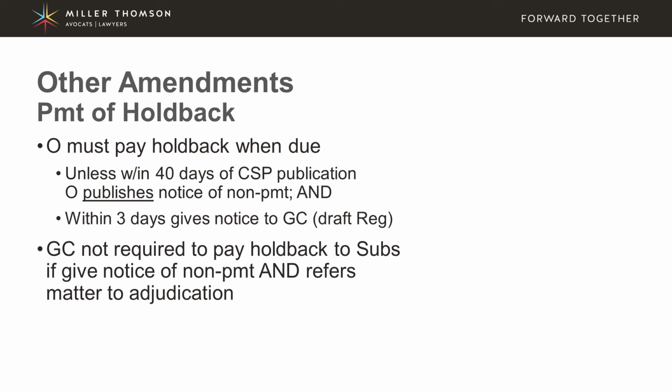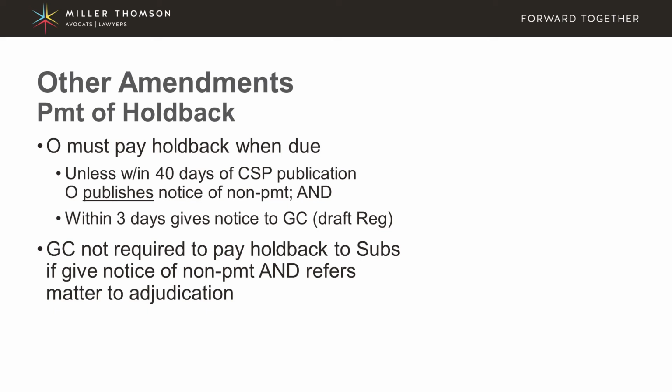Now, just to make sure everyone is clear as to what I'm talking about, when you have a big project, when it reaches a certain level of completion, the general contractor, with the approval of the consultant, will publish what's called the Certificate of Substantial Performance in a construction trade newspaper. This signifies to the world that the project has reached a certain level of completion and the lien period is now starting to run. At the end of that lien period, the holdback is then paid out.